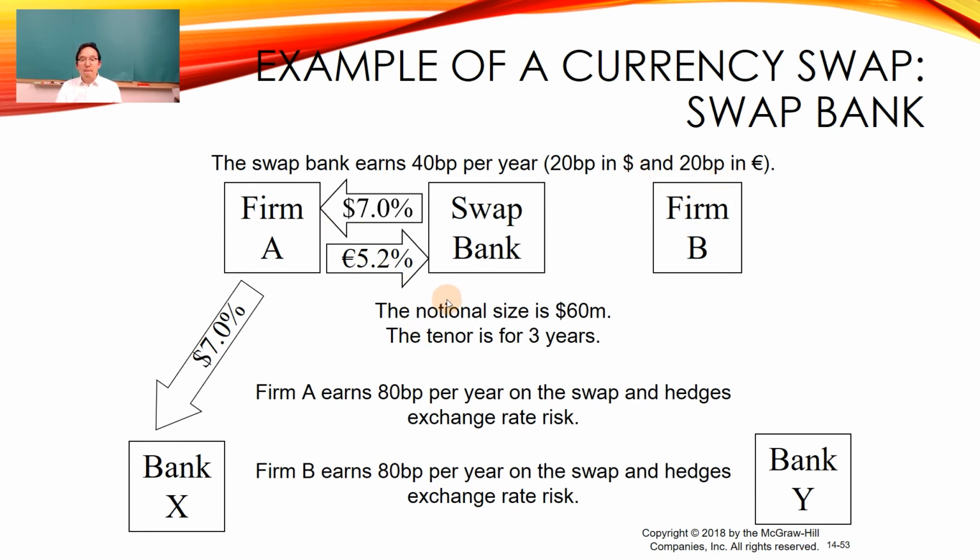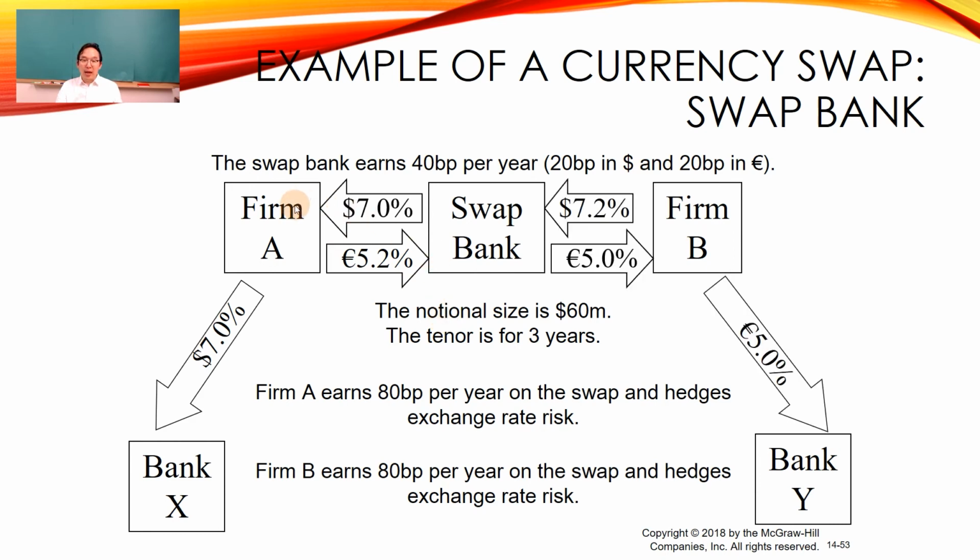From company A's side and company B's side, for US dollars, 7.2% and 7%, the difference is 20 basis points. You earn that 20 basis points over here. And then between company A and company B, this swap contract is 5.2% to 5.0%.